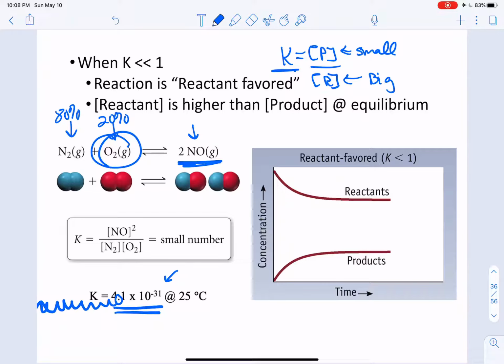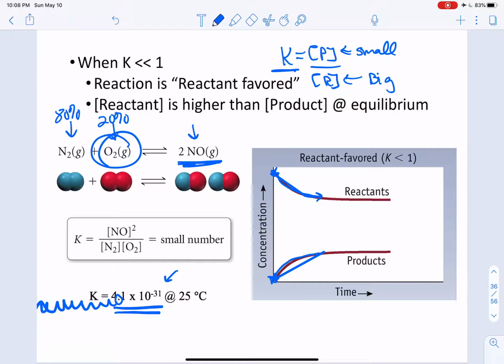graphically, at the very beginning of the reaction, you have this concentration of reactants, and what they do is they find each other a little bit, and then they're like, no, we don't want to. And so at the beginning of the reaction, you have no products, and then you make a little bit of product, and then the reactants give up.